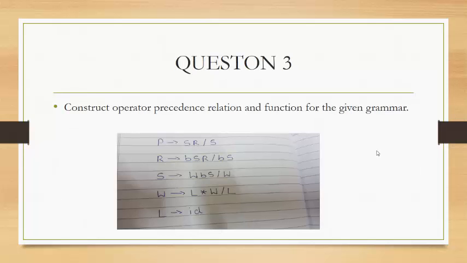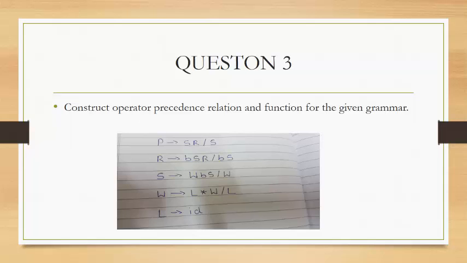The third question is as follows. Construct operator precedence relation and function for the given grammar. From the question it is evident that one of the productions consists of two adjacent non-terminals or variables. This violates the rule for the grammar to be an operator grammar.